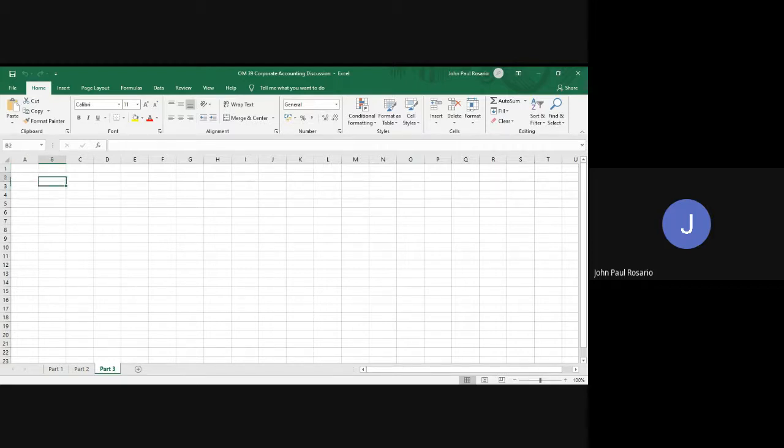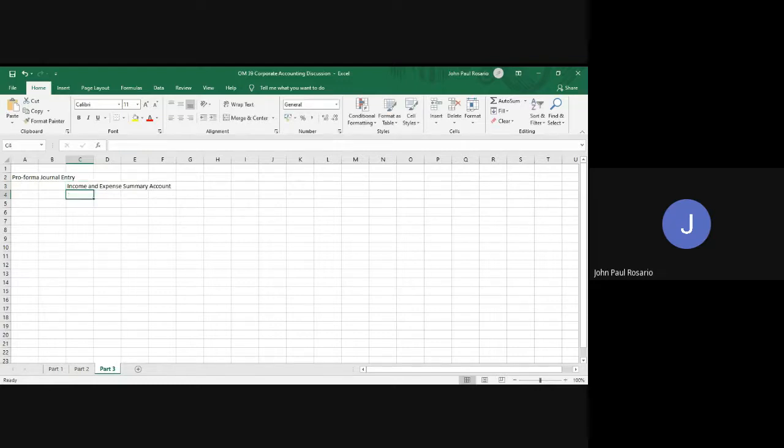So, what is your pro forma journal entry when a profit is recognized? The pro forma journal entry for that would be, if it's a profit, debit to income and expense summary account.